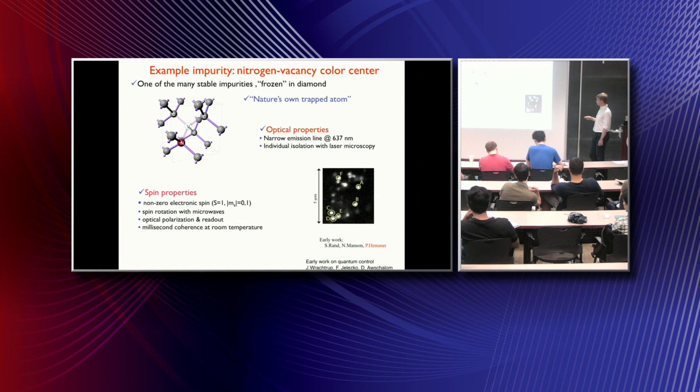At the same time, you can polarize the spins. You can initialize a spin in one specific state, the 0 state, by shining green light on these crystals. And when you shine green light, these NV centers fluoresce. That's what the image here shows.